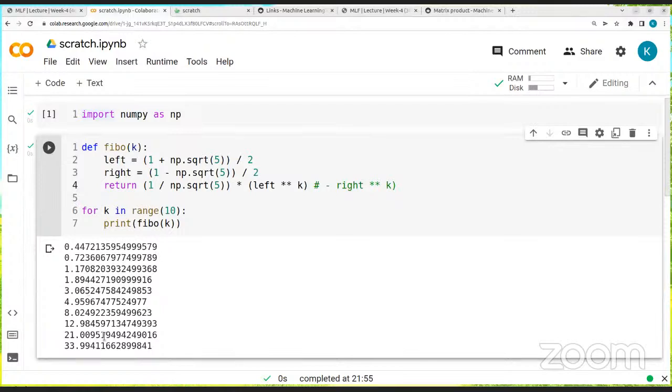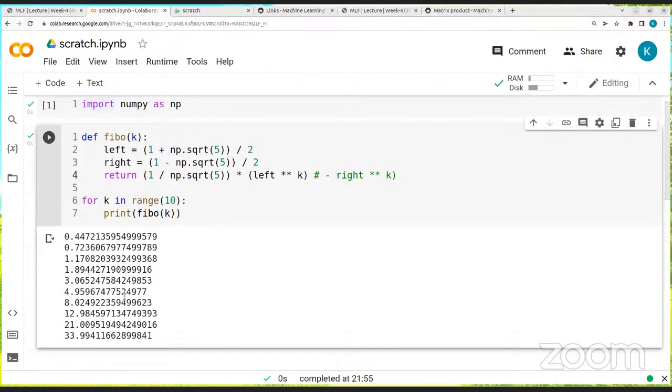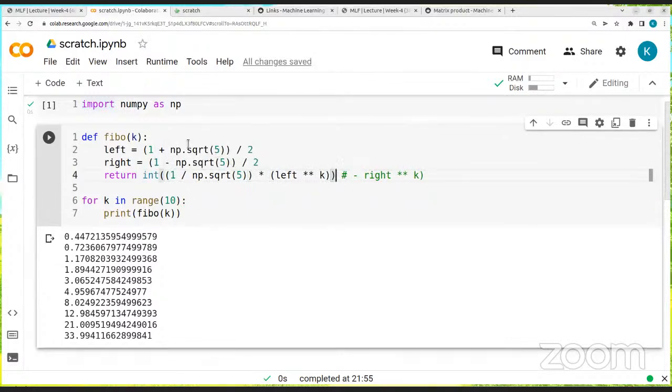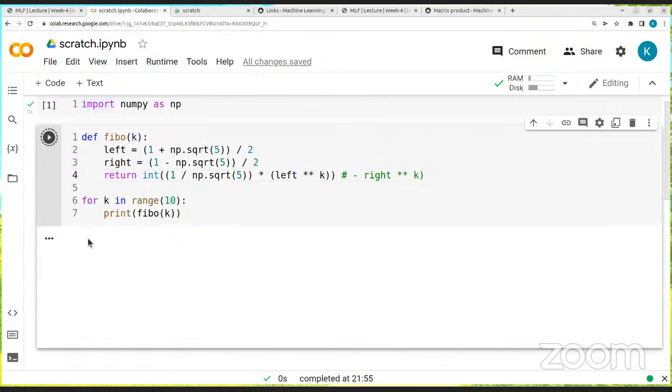Not bad, even for the higher values. Even for the small values this seems pretty good: 0, 0, that's fine, 1, 1, 2, 3, 5, 8. No, 2 is missing, 5 is missing. It's not coming.